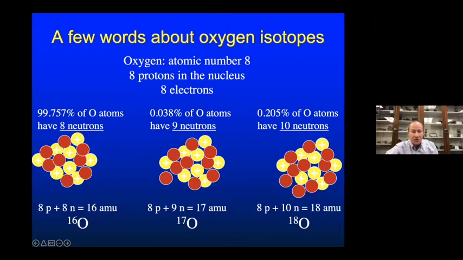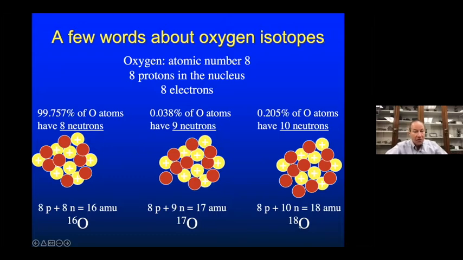And most oxygen atoms have 8 neutrons, and so their atomic mass is 16, oxygen 16. A tiny, tiny fraction of oxygen atoms have 1 extra neutron, and they're oxygen 17. And about 1 out of every 500 oxygen atoms has 10 neutrons, and therefore has a mass of 18.